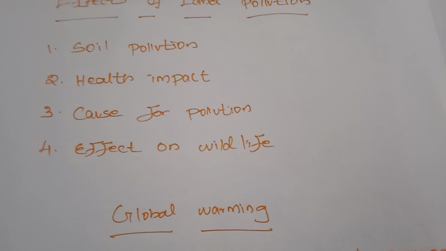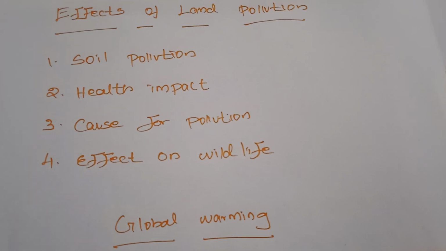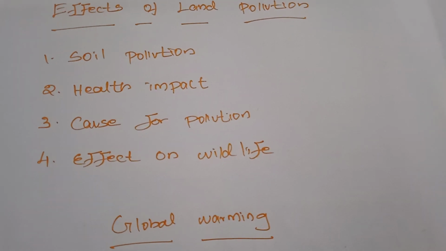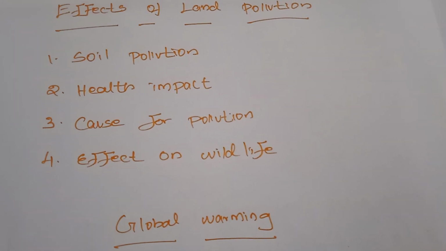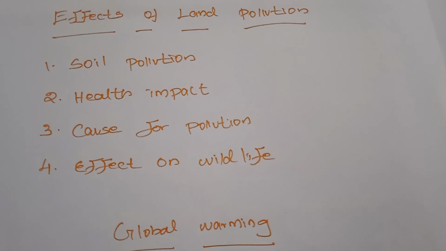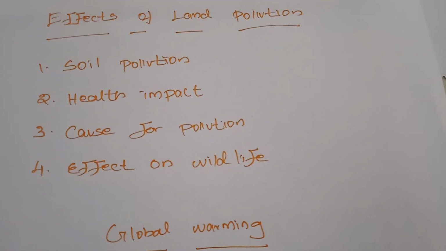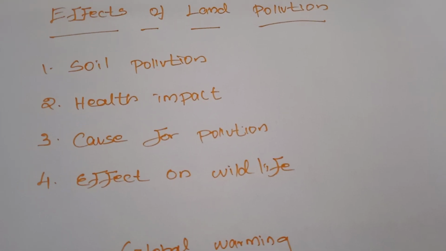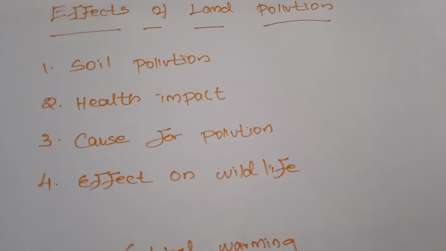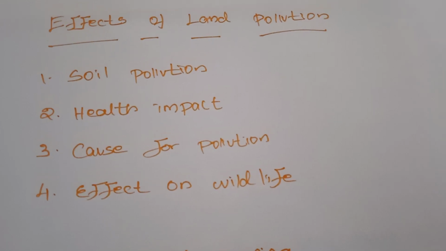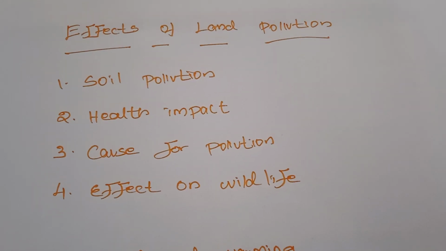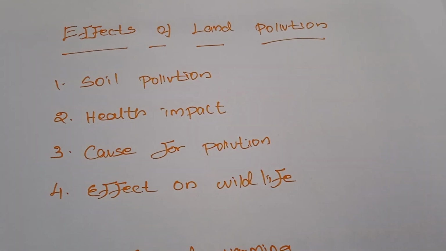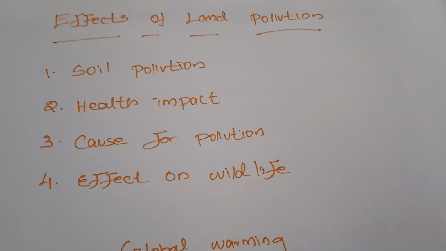Next, effect on wildlife. The animal kingdom has suffered the most in the past decades. They face a serious threat with regard to loss of habitat and natural environment. Constant human activity leaves the land polluted, forcing these species to move further away. Sometimes several species are pushed to the verge of extinction or disappear due to no conducive environment.